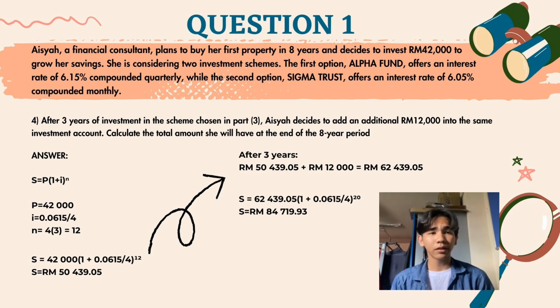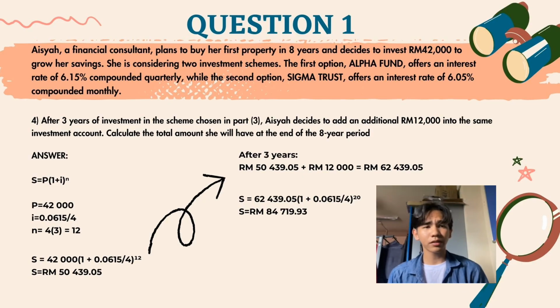So 62,439.05 in bracket 1 plus 0.0615 over 4, to the power of 20. Just calculate it on the calculator and you will get your final answer, RM 84,719.93.